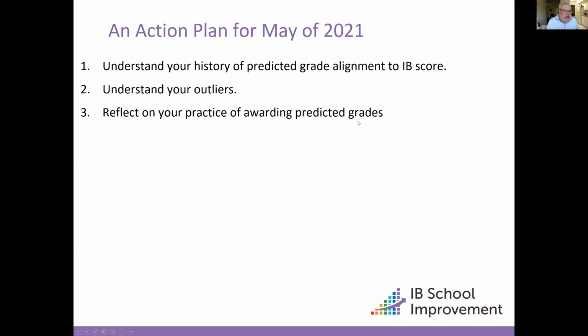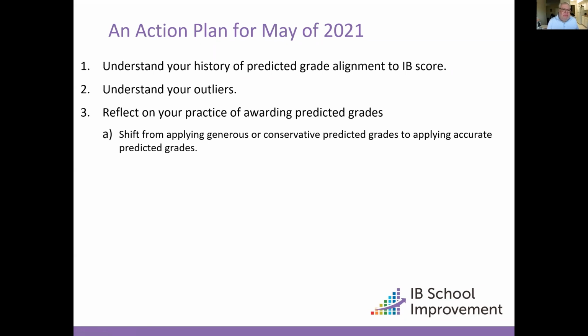And you need to consider your practice for awarding predicted grades. We need to shift away from applying generous or conservative predicted grades to applying more accurate predicted grades based on evidence.